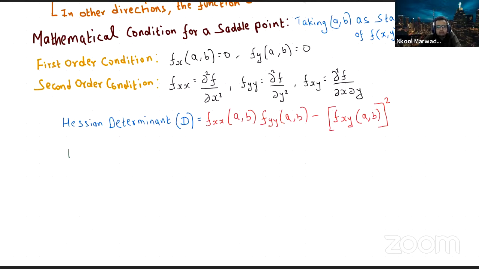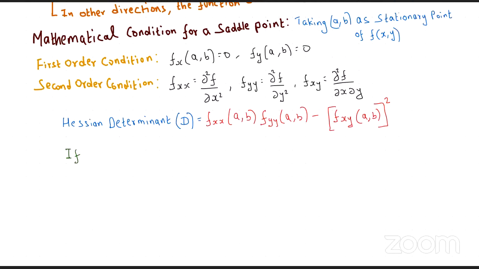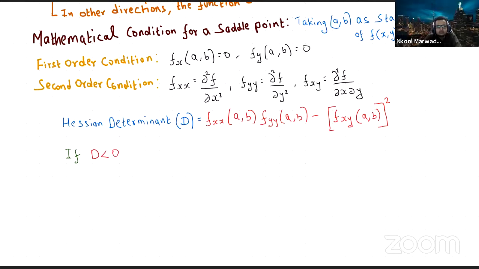So I will write: if d is less than 0, then the stationary point a comma b is a saddle point.